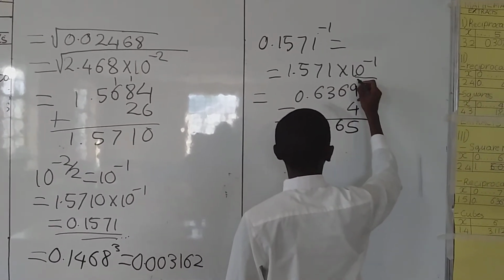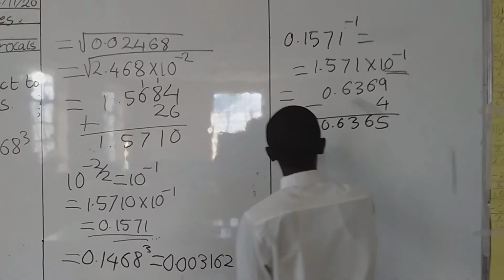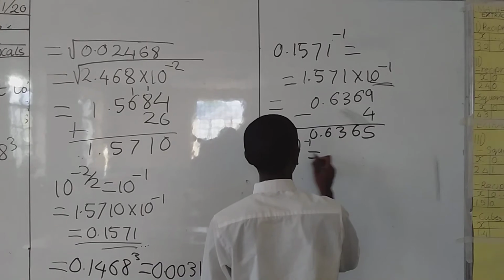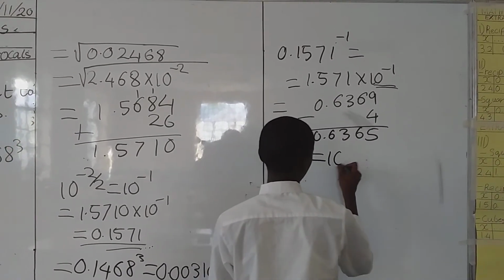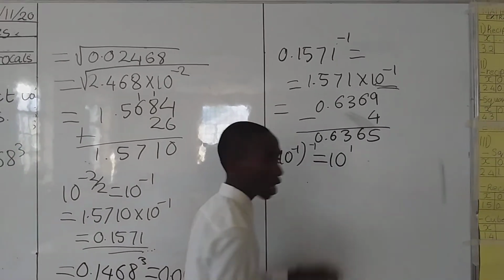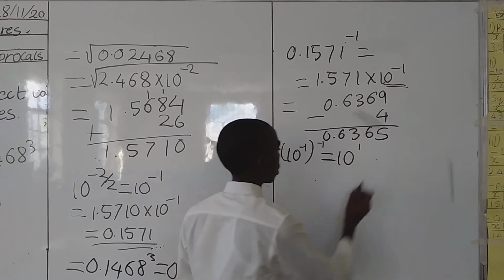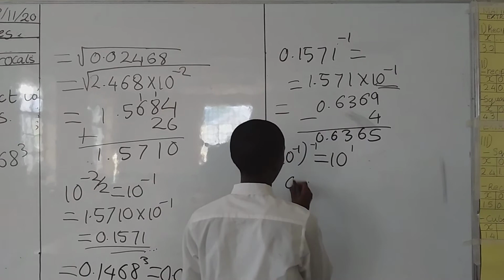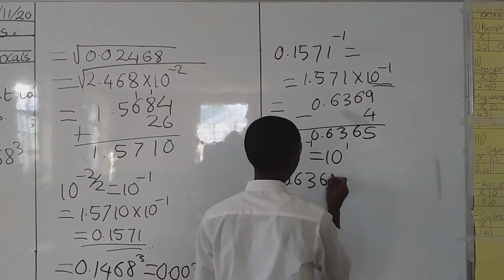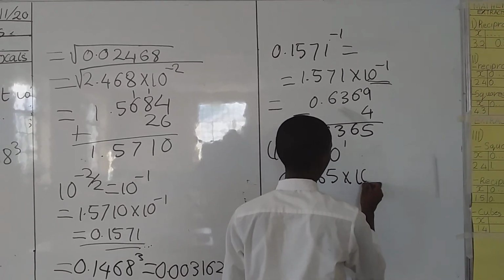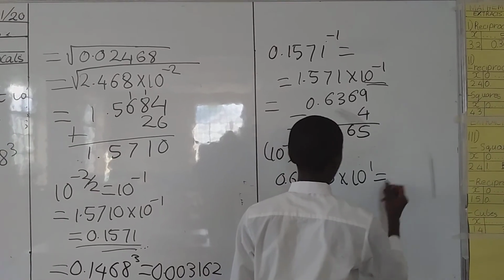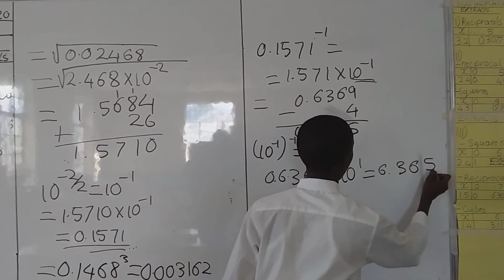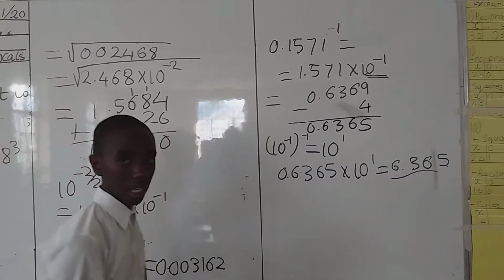Remember our 10 raised to the power negative 1. For the reciprocal, we get a positive number, that is the value of n now becomes 10 raised to power 1. So it is 0.6365 times 10 raised to the power 1. So we'll get 6.365.